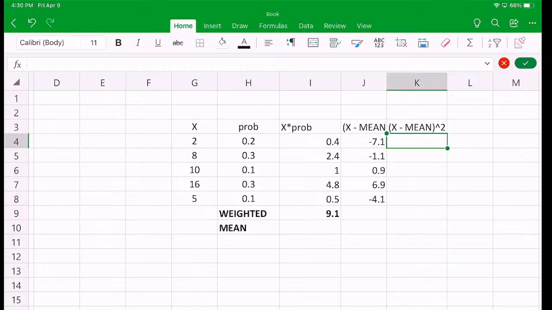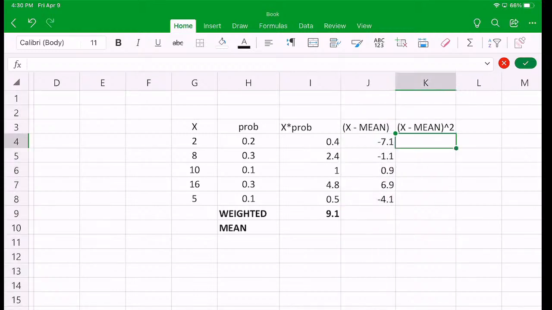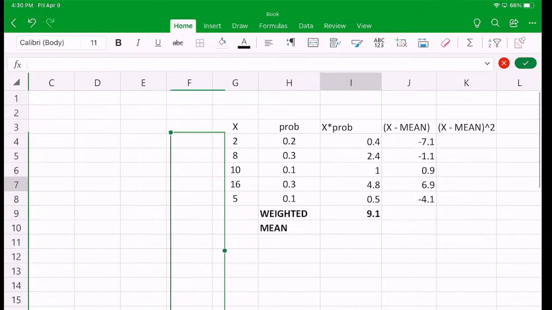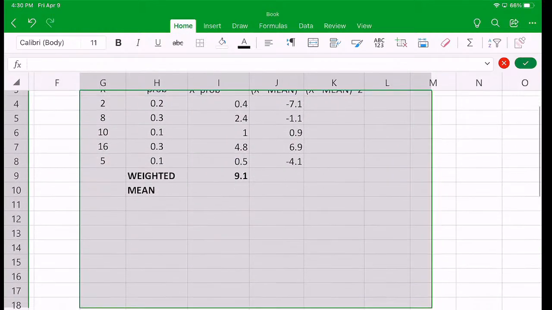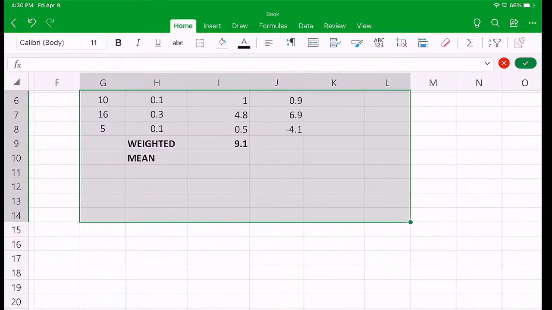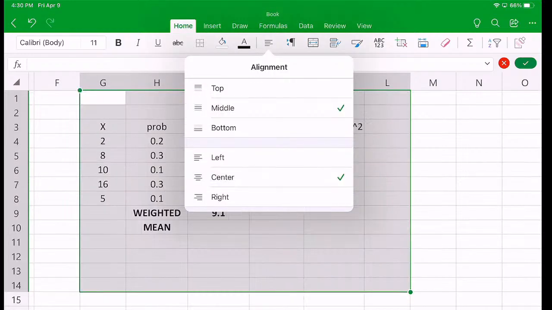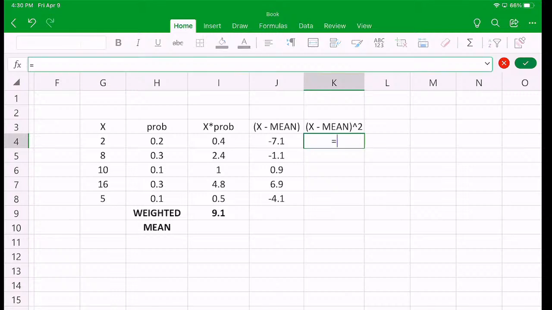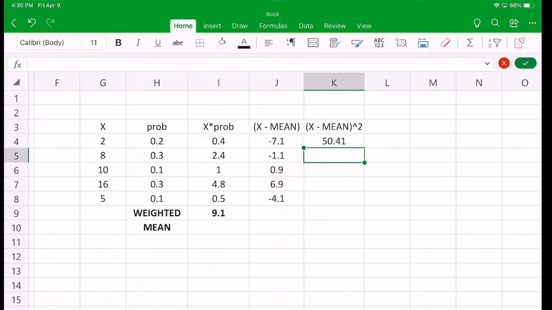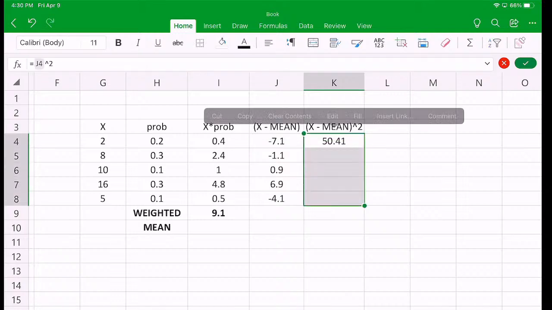I hope you're following my notations. So I have to square that column, all the way down, for the reason I explained before.